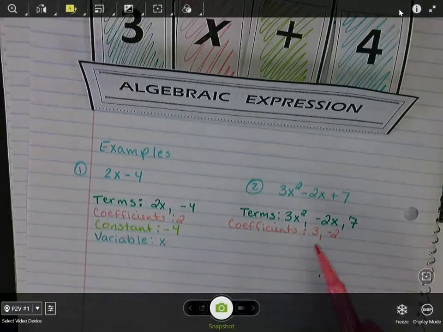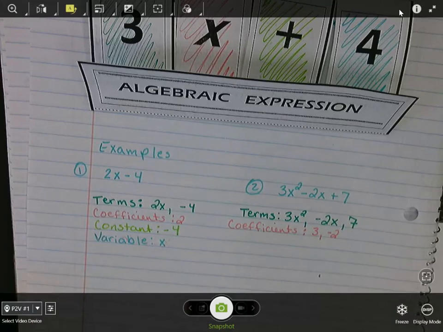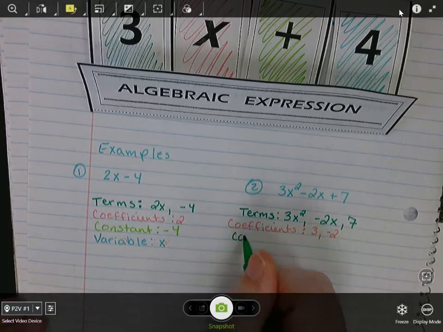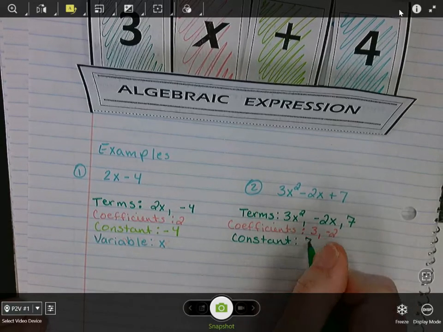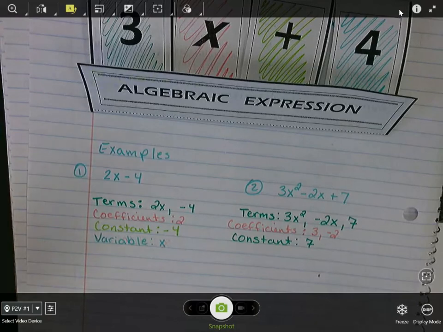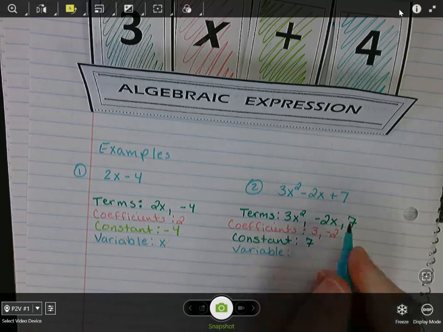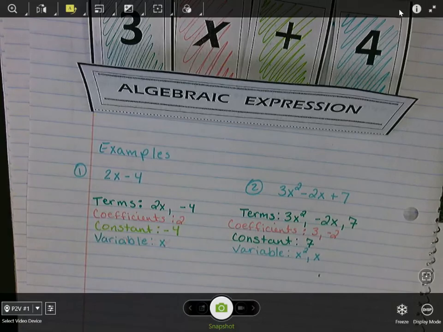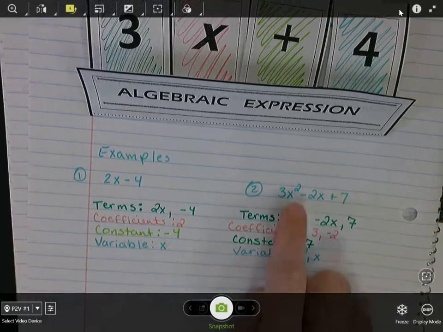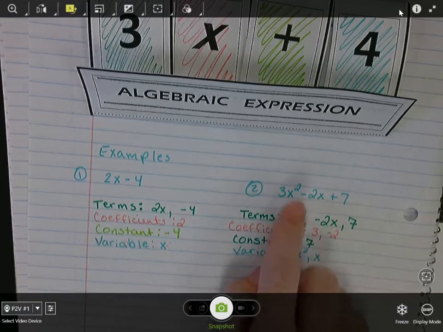All right, so 3 is a coefficient because it's being multiplied by x squared, and negative 2 is a coefficient because it's being multiplied by x. And our constant is 7 because it's by itself. And our variables, we have x squared and x. And there you go. This is an algebraic expression. Each of these are terms. These are coefficients. These are variables, and that's a constant.